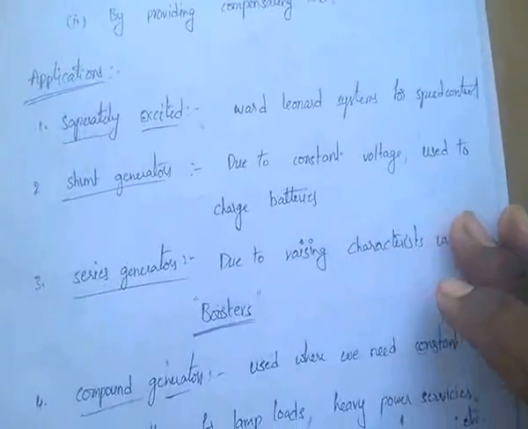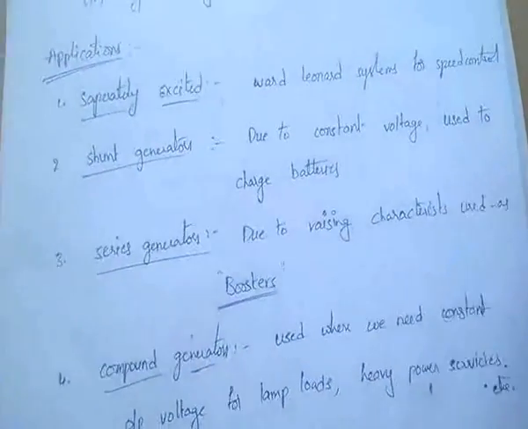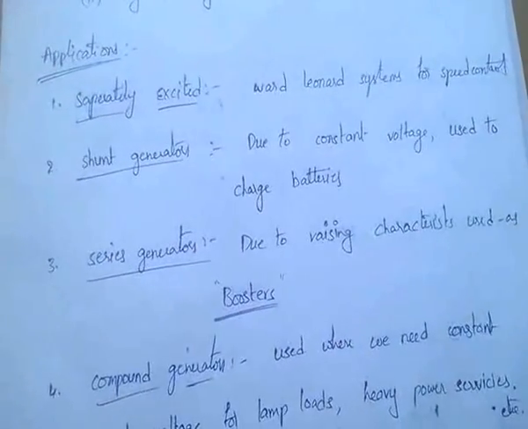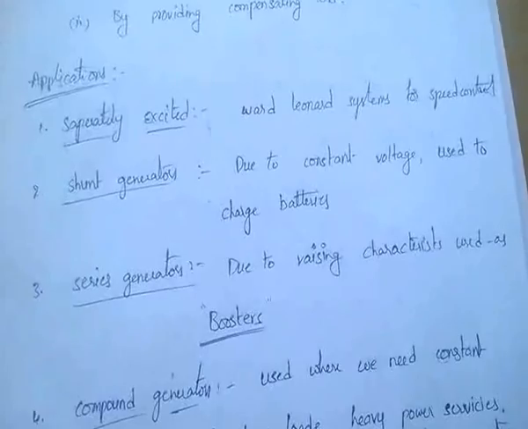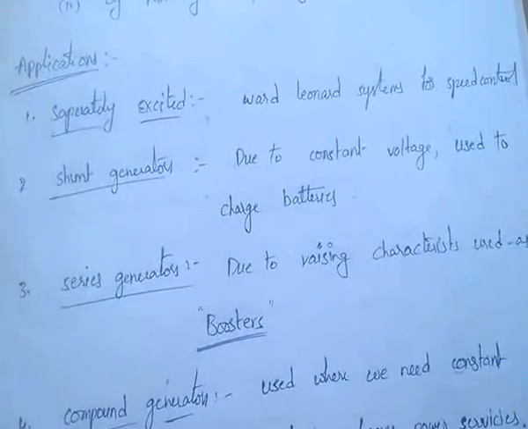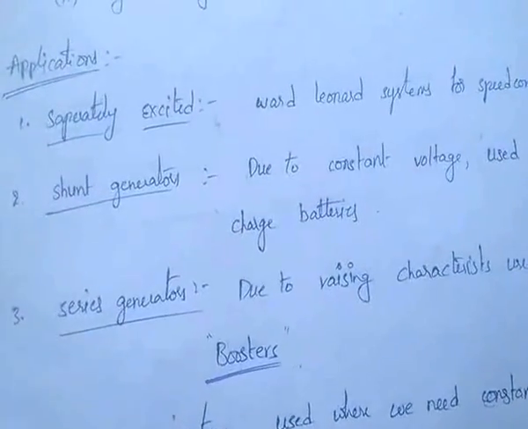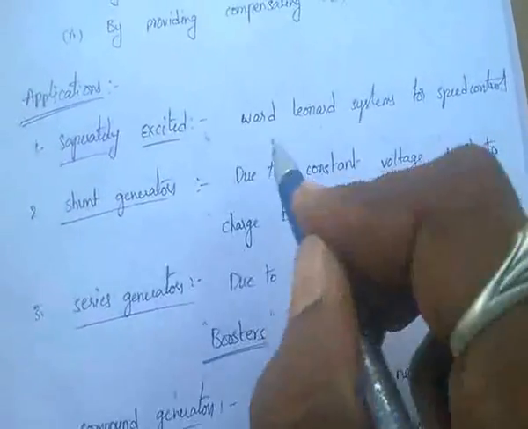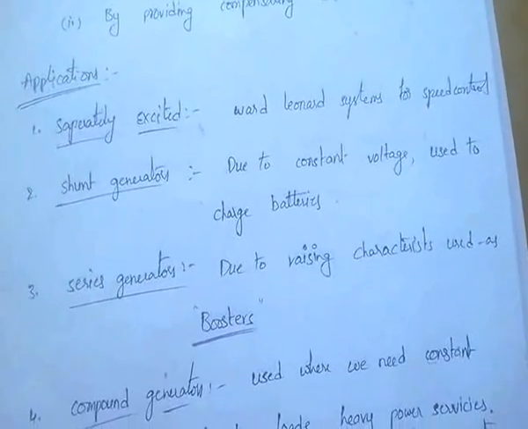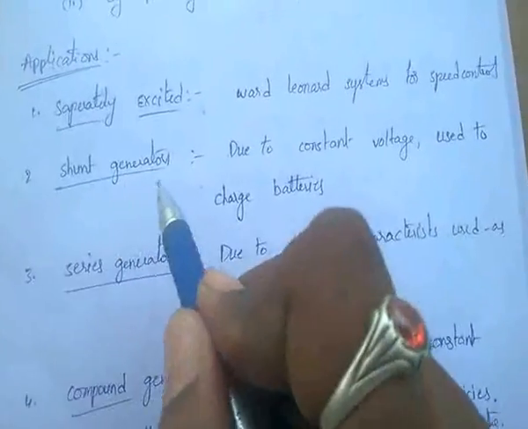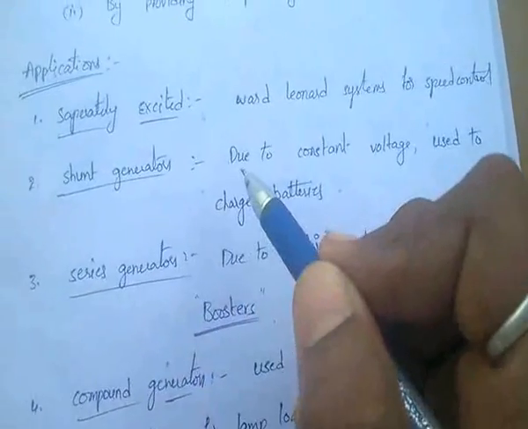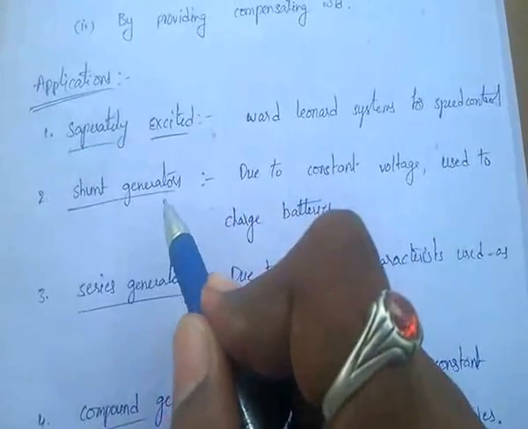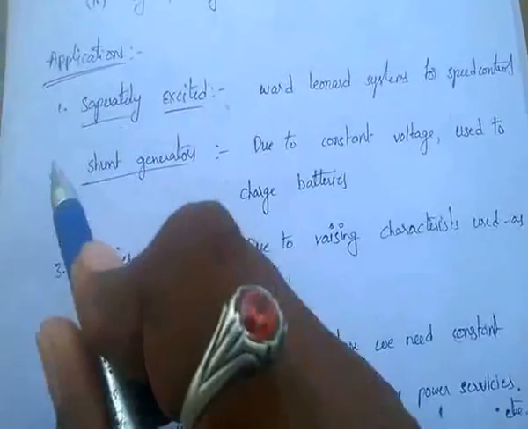Coming to the applications of DC generators, separately excited DC generators are used in Ward-Leonard systems for speed control. Next one, shunt generators. The characteristic of these shunt generators is that they give constant voltage.